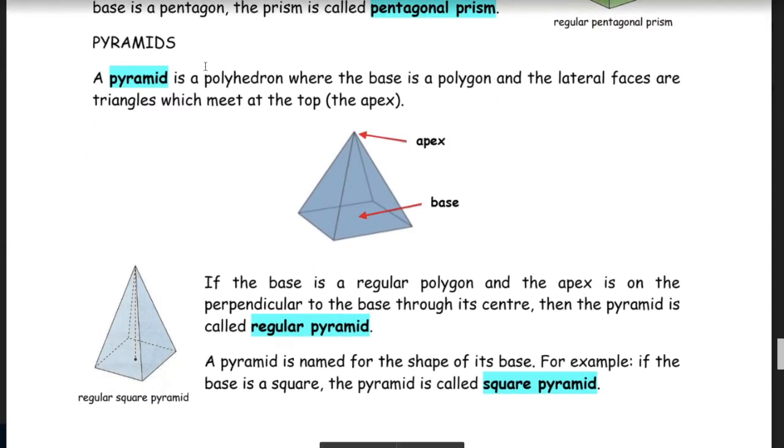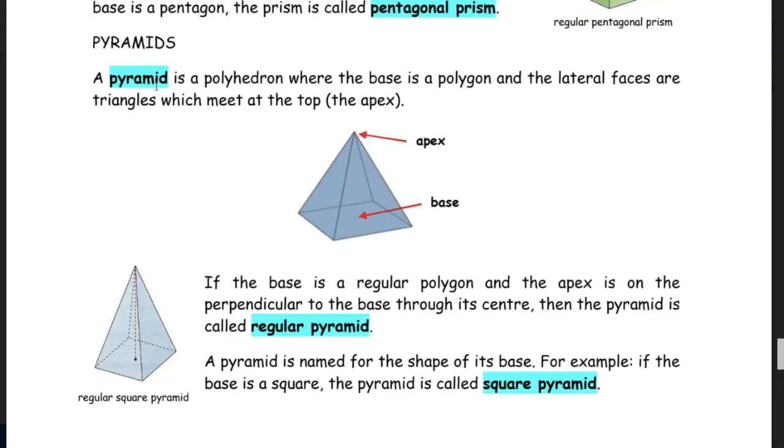Now, pyramids. A pyramid is a polyhedron where the base is a polygon and the lateral faces are triangles, which meet at the top, or the apex. So remember, a prism had two bases, one base on the top and one base on the bottom.